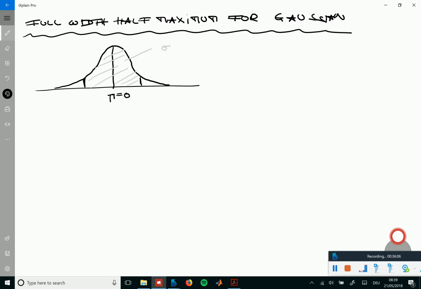So first of all, what is the full width half maximum? This refers to any function for which we assume that there is a maximum at 0.